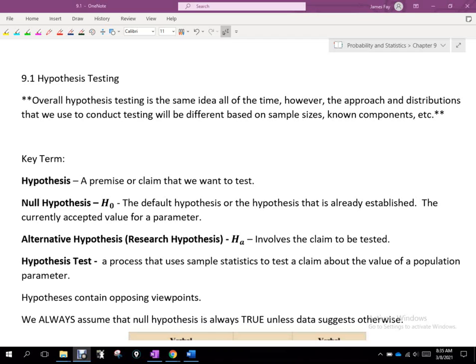All right, so hypothesis testing is something that we do for the rest of the year, okay? Once you learn hypothesis testing, we're using the first technique. The first thing we'll do will be much like what we did with confidence intervals.